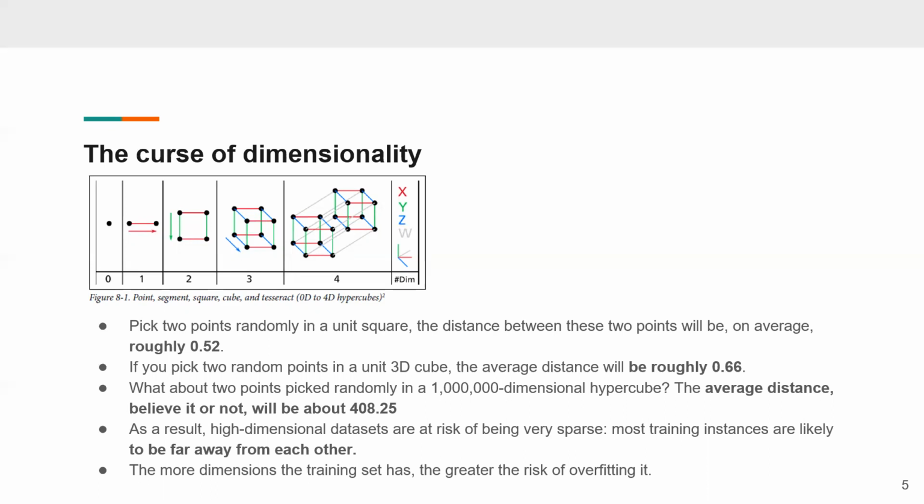With that being said, once you train your model and get a new instance, the chance in a high dimensional space that the model can do a good job on the prediction sample would be really low.